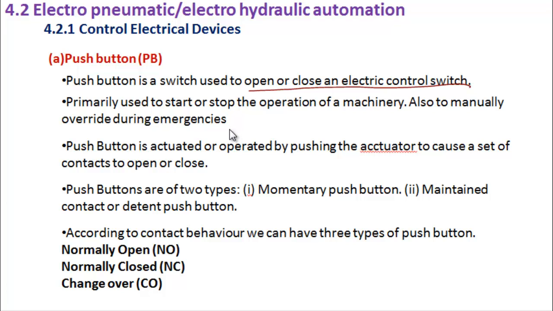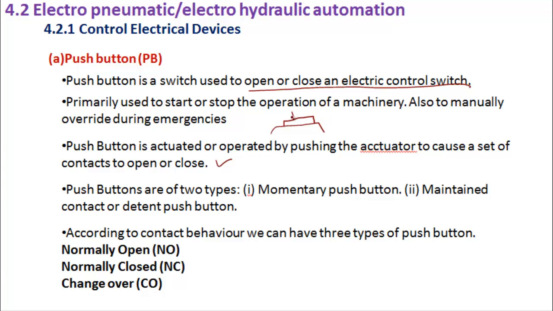So it is basically a switch. How do you actuate the switch or the push button is by pushing the actuator to cause a set of contacts to either open or close. Okay, there are 2 types of push buttons. So basically you might have seen there is a push button something like this.